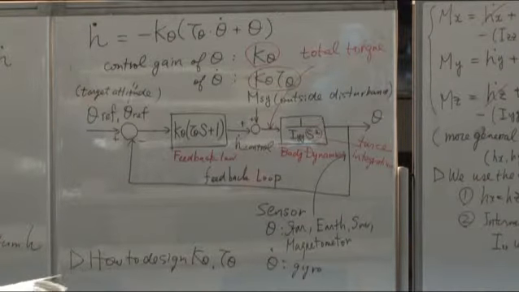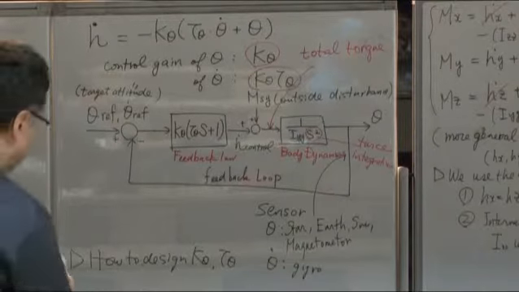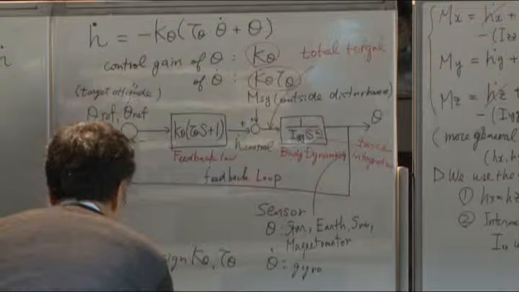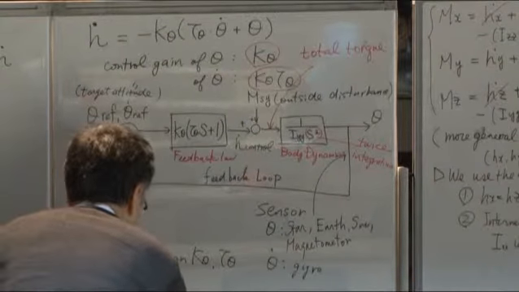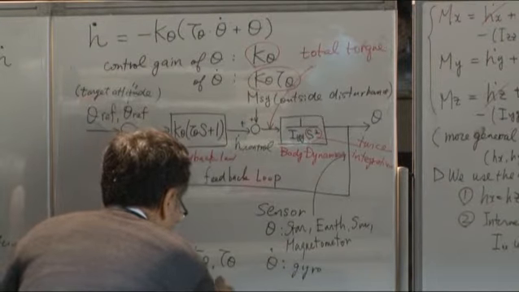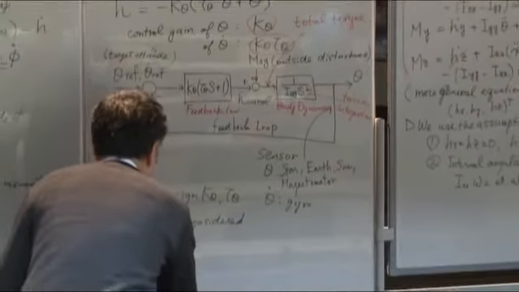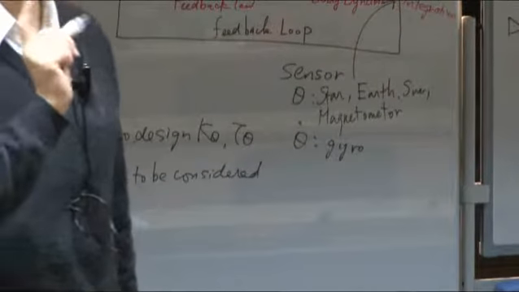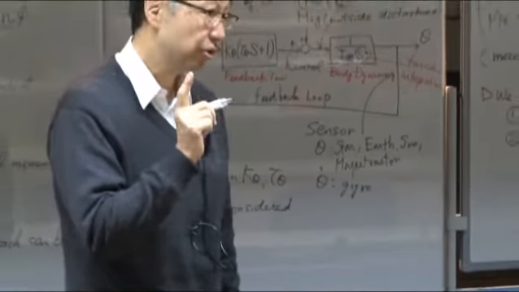And in order to find good tau theta and k theta, there are several factors to be considered. Okay, so if you make a controller system design, what factors should you consider?